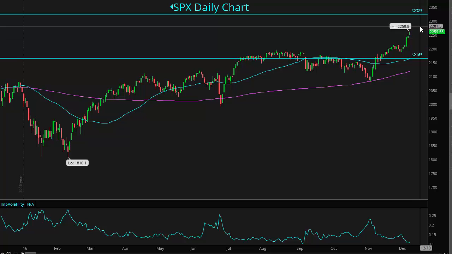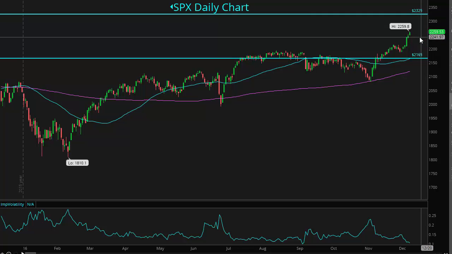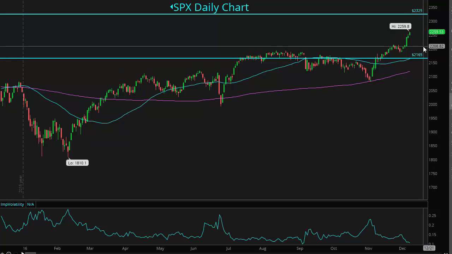Here I've chosen a short out of the money call above the current price, right up here at 23.25, and the current price is around 22.59, as we can see right here. So here's my short call above here at 23.25, and then I have a short put down here at 21.65. So these two short options are framing price.